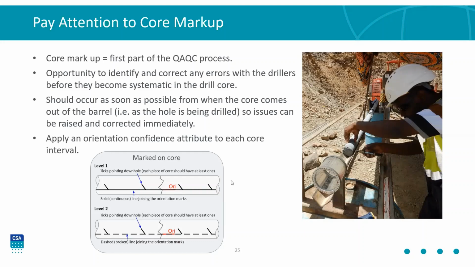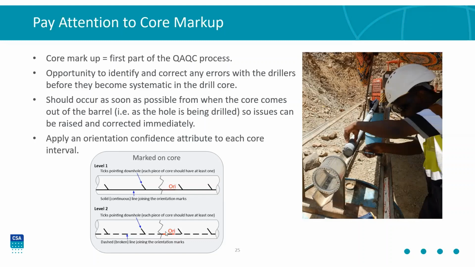And when those line up, you know that you're fairly confident that your core is correctly oriented, and so you can give it a level 1 confidence, and then you might give it a level 2. Sometimes you could come up with another level as well if you're really not confident at all.